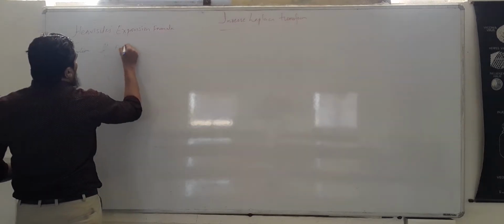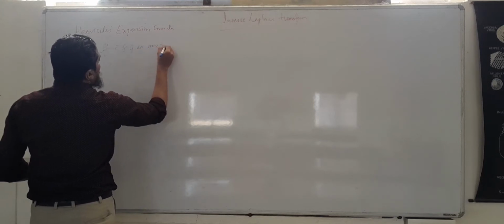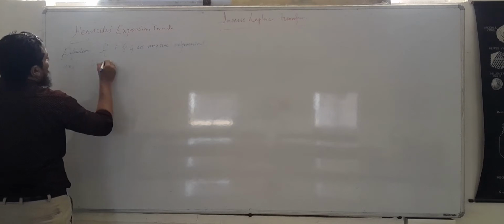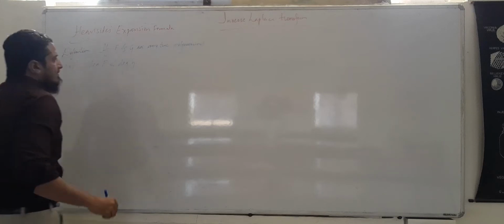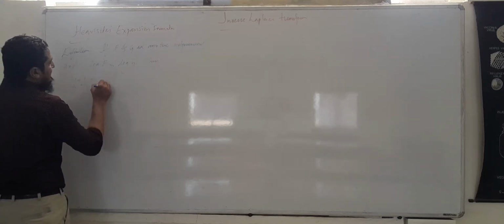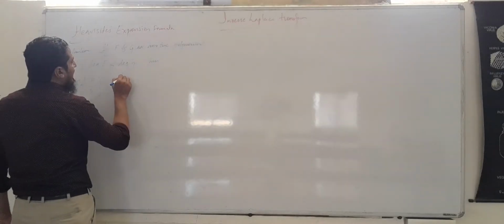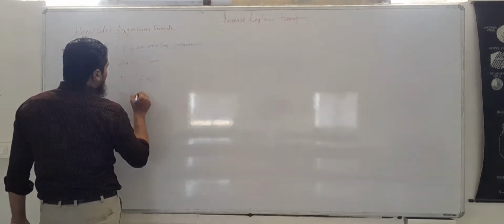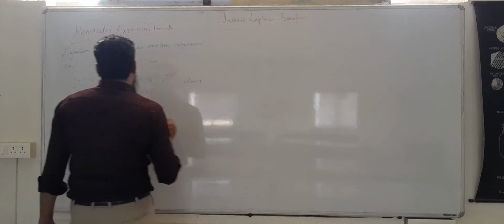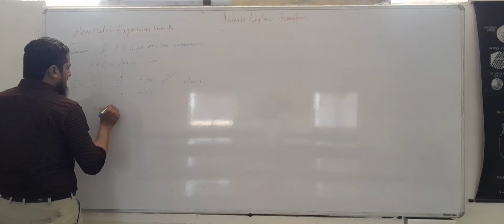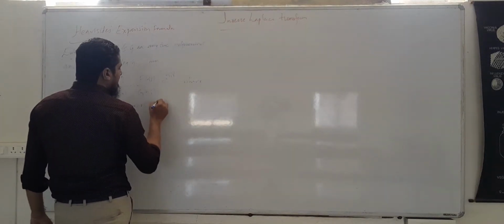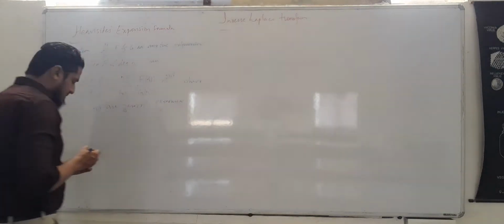If f and g are any two polynomials and the degree of f is less than the degree of g, then the inverse Laplace transform of f upon g will be the summation, i equals 1 to n, of f of alpha i upon g dash of alpha i, into e raised to alpha i t, where alpha i are zeros of the polynomial g. Correct?